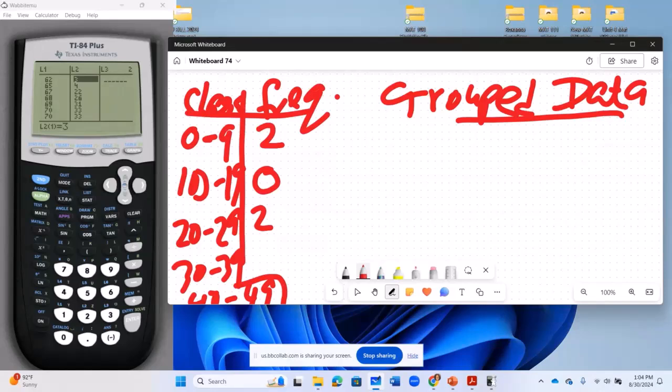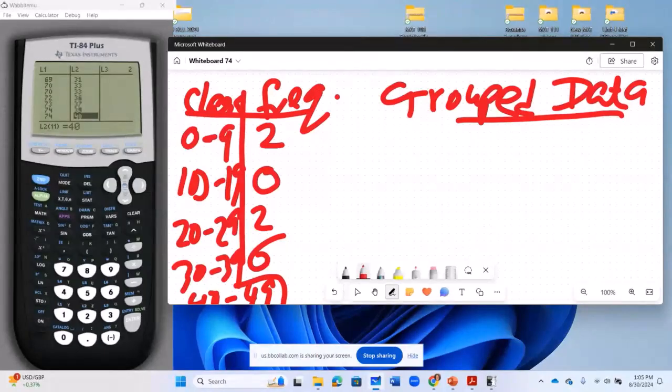I'm going to count the numbers between 30 and 39. I'm going to arrow down so that I can find them. I have 31, 33, 33. So I have found 3 already. I'm looking at my data in ascending order. Number 4 is 36. Number 5 is 37. Number 6 is 38. So there are 6 of them. Therefore, the frequency of 30 to 39 is 6.